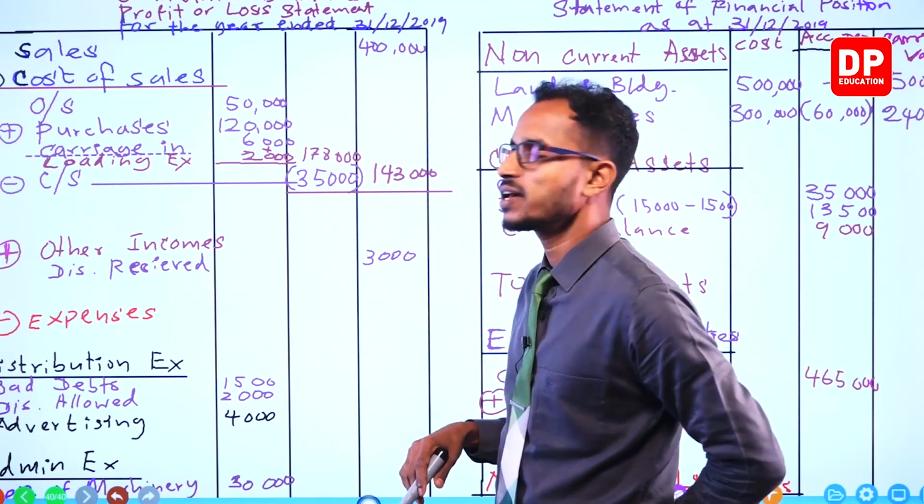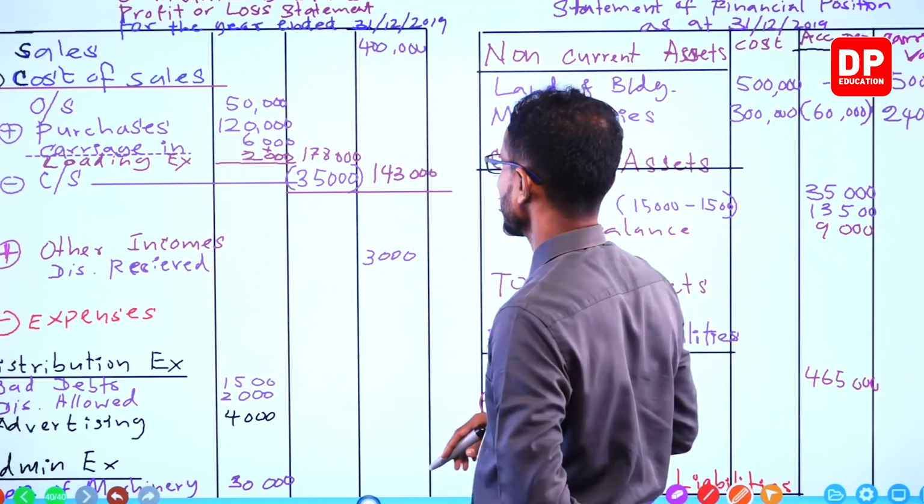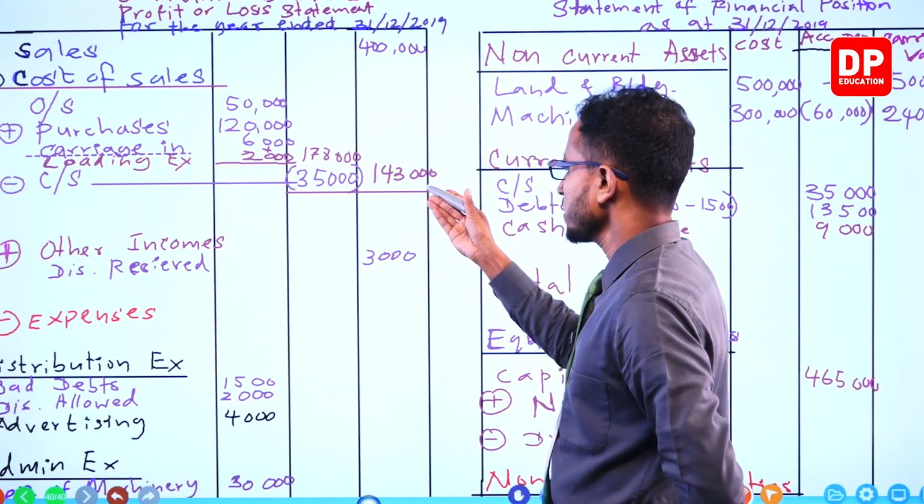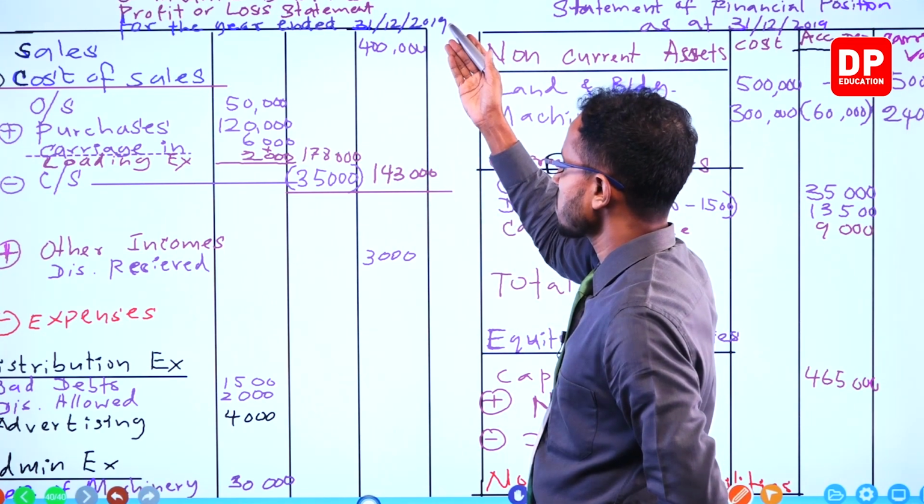That is the cost of sales. 143 must be subtracted from sales.